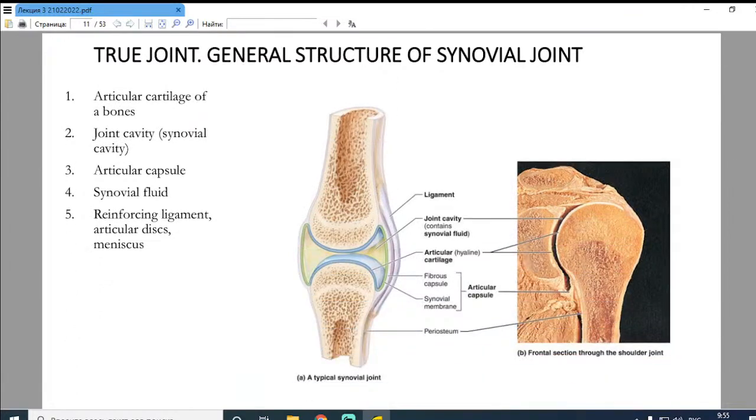True joints. General structure of a synovial joint. You see a typical synovial joint.